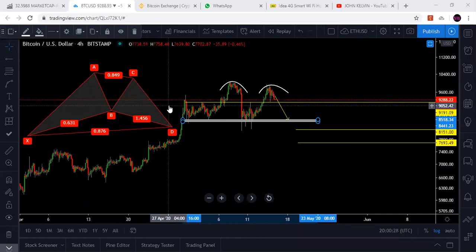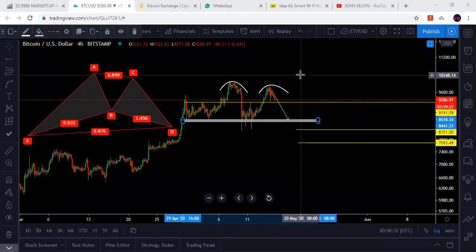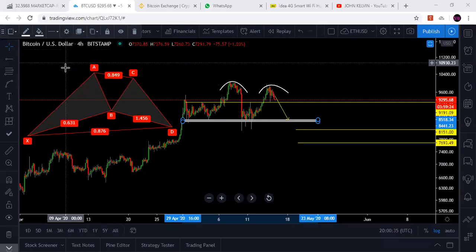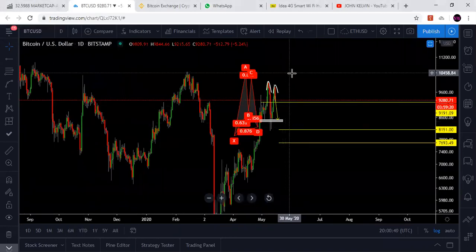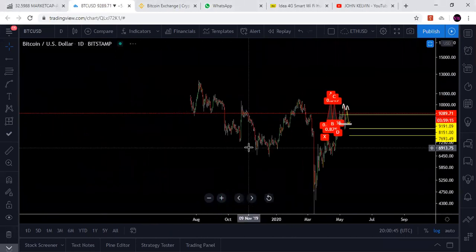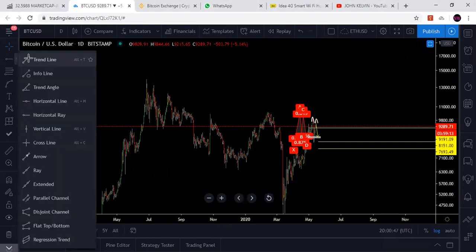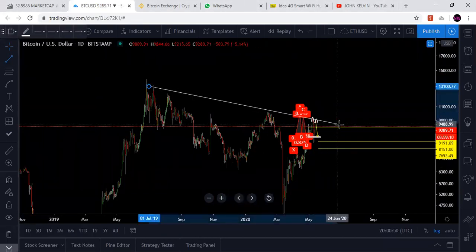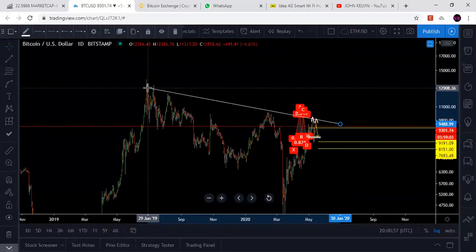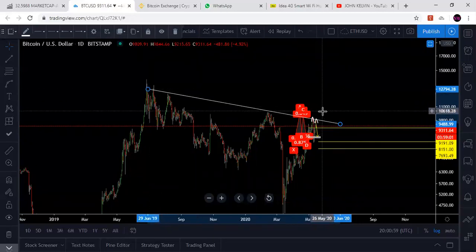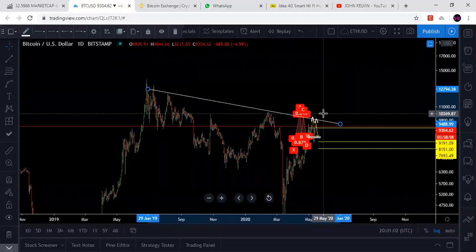And if this move doesn't go down and we get a move to the upside, take note of this. Only when the body of the candlestick closes above this down sloping resistance, which is around 10k, let's say 200 and above.